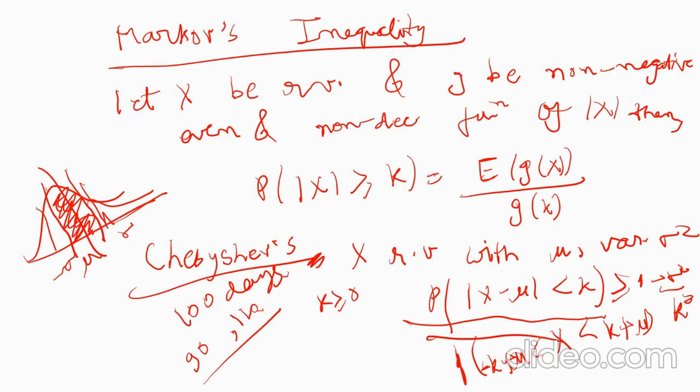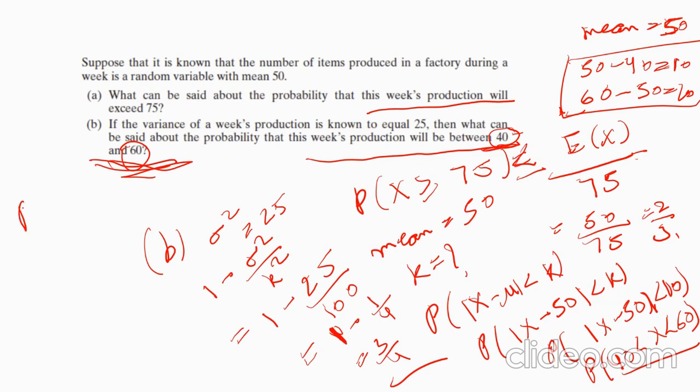Okay. And now if in place of less than k we have greater than k. Let's say you have probability of x minus mu greater than k, any guess what it should be?